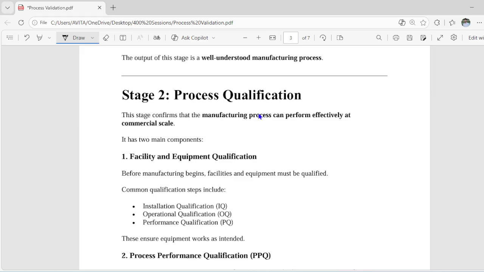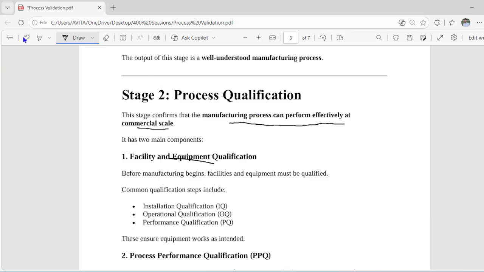Once the process design is done, then we have to qualify the process. This stage confirms that the manufacturing process can perform effectively at commercial scale. And it has two main components. The first one is facility and equipment qualification.